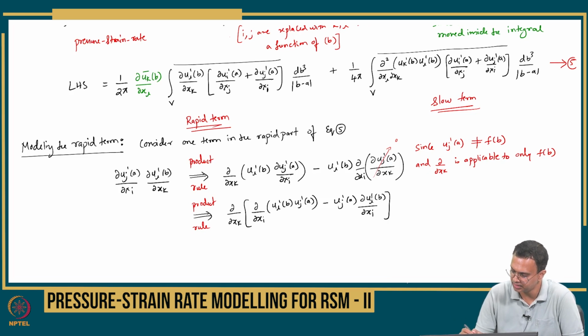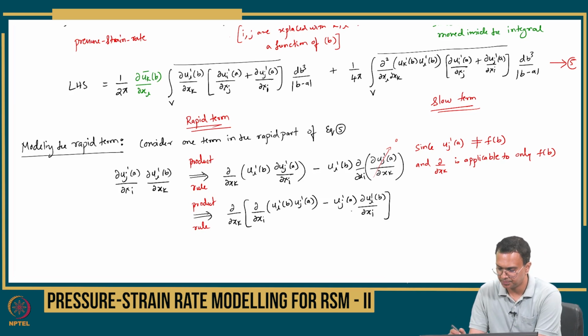So dou by dou xi of ul prime of B uj prime of A, minus this particular term.